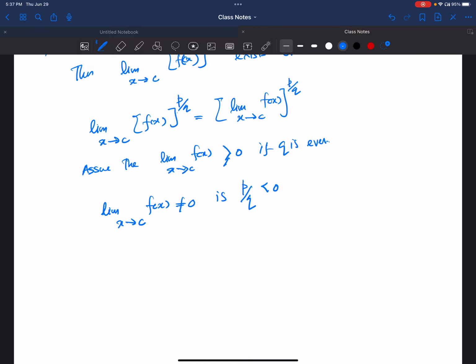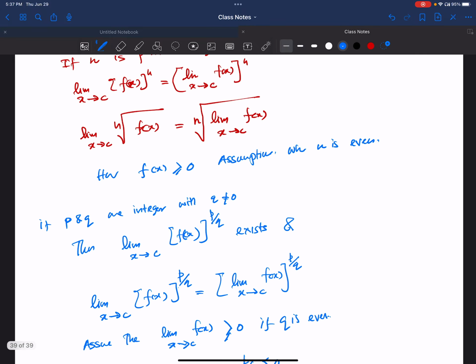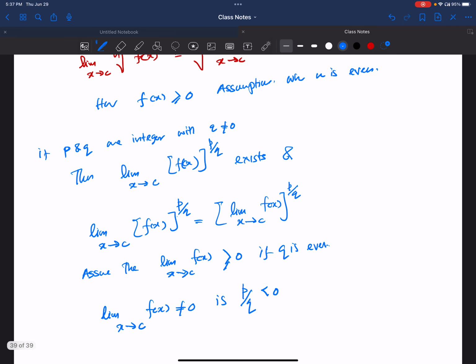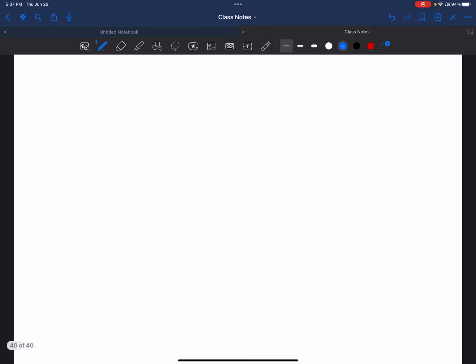Okay, so these are the basic laws. They're available in your textbook, as well as in this video. You can pause and see the video whenever you want. But most of the understanding comes from the examples, so let's do some examples.